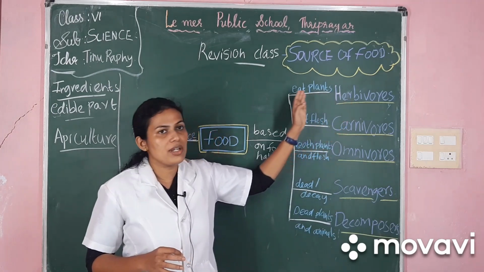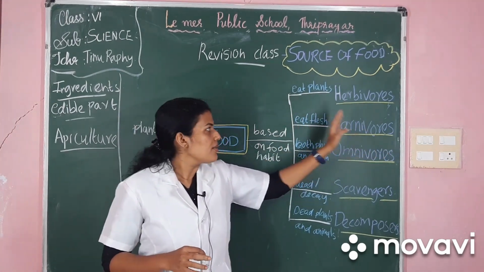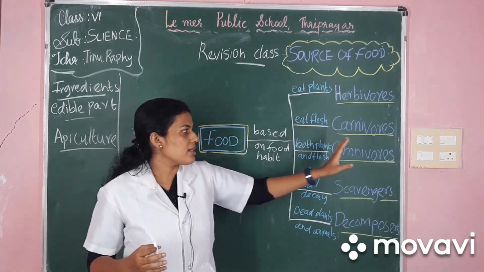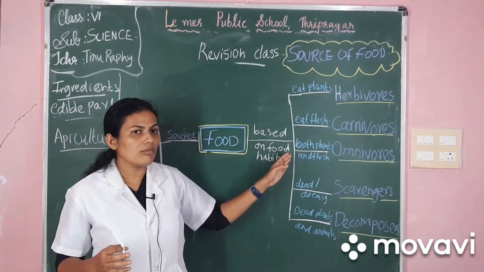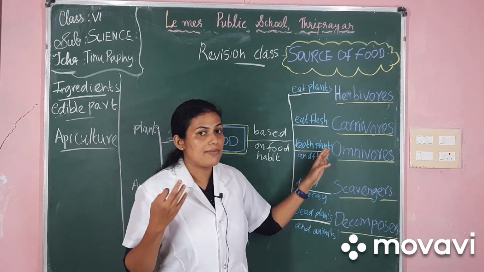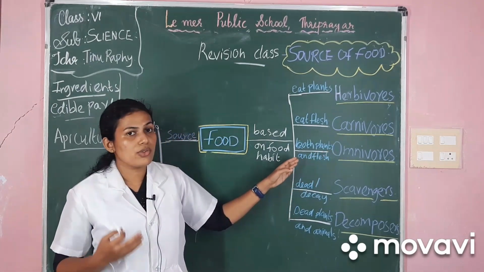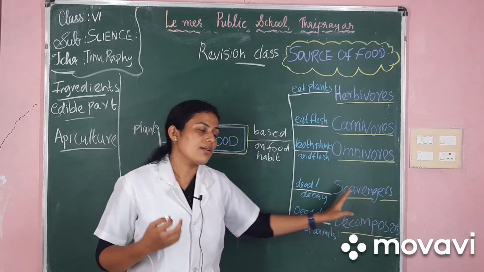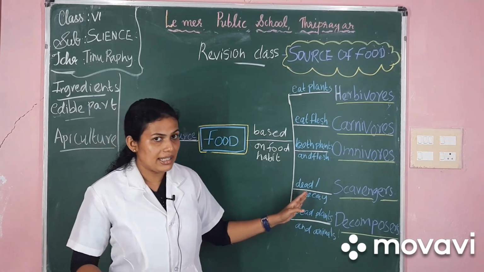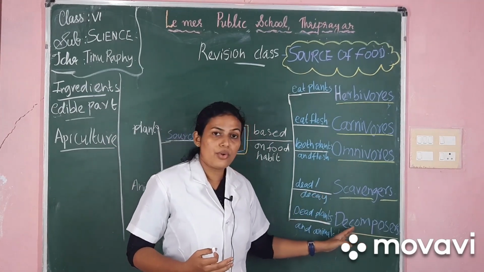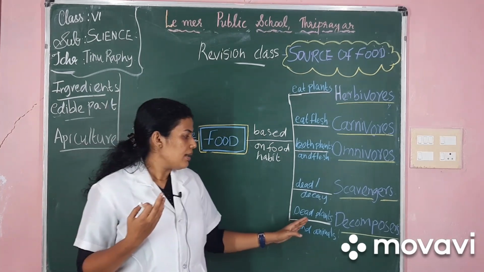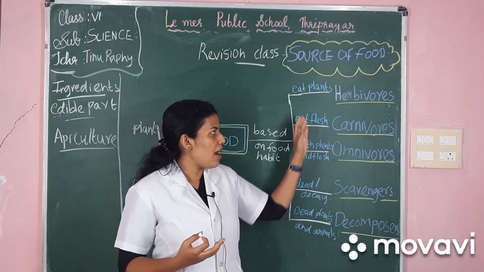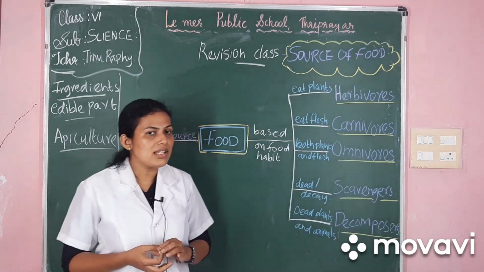That is, herbivores feed on plants, carnivores eat flesh of other animals, omnivores feed on plant and plant materials and also flesh of other animals. Scavengers feed on dead and decayed organisms, whereas decomposers eat dead plants and animals. So you have to learn examples also for these categories.